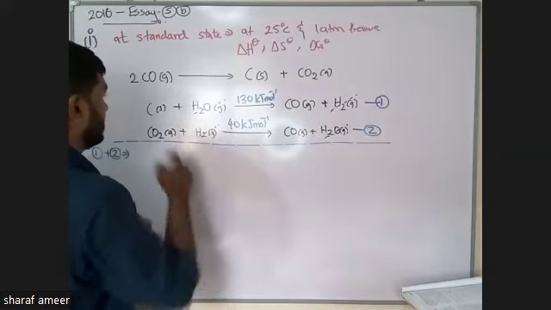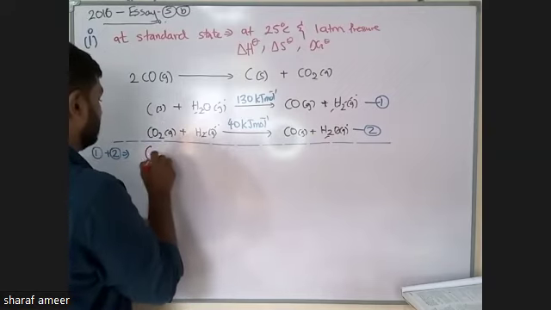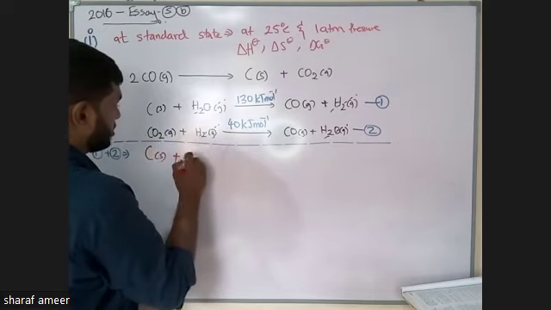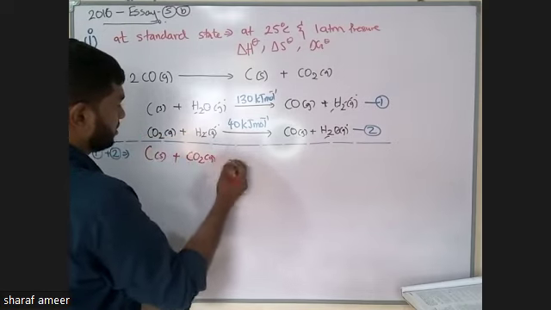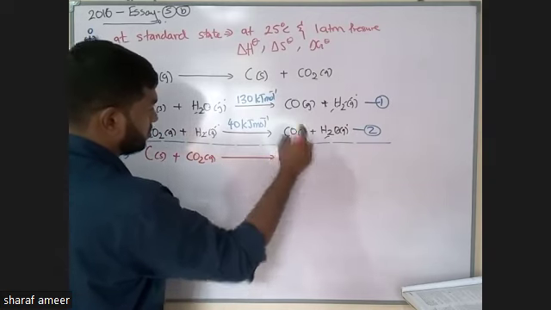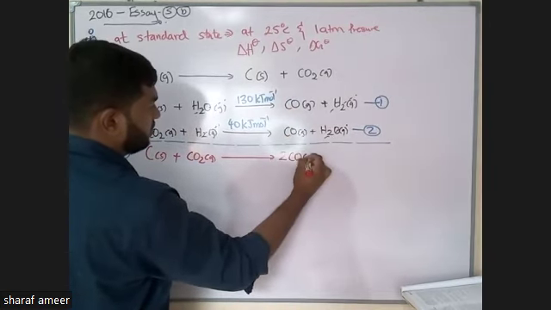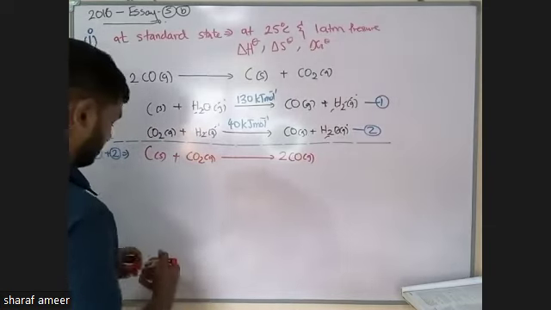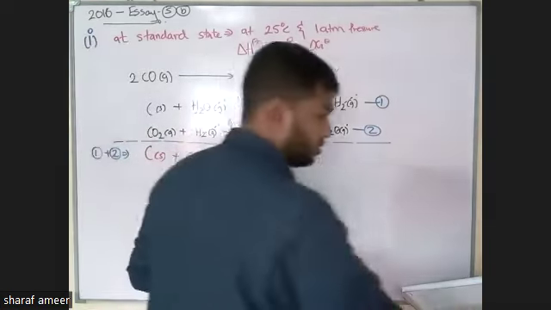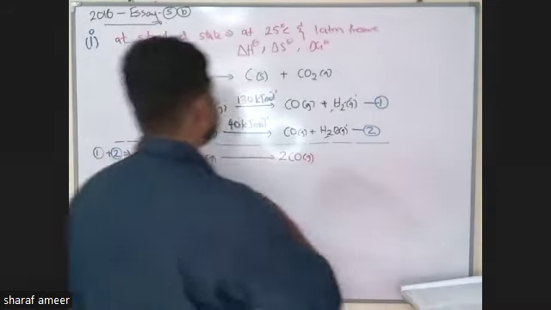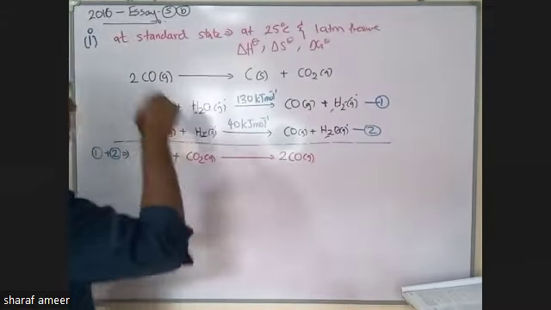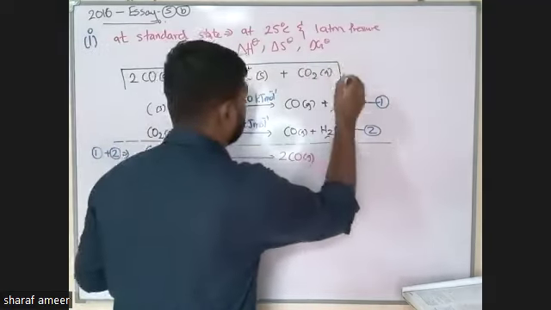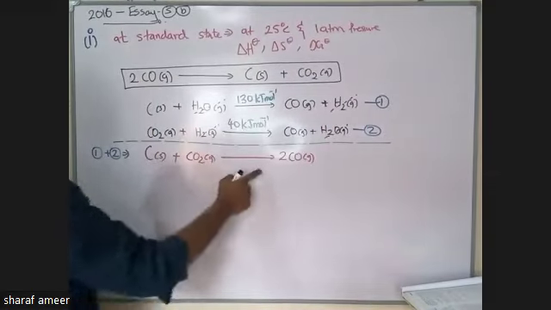So finally, the remaining ones are carbon solid plus CO2 gas gives 2 moles of carbon monoxide gas here. They are asking this reaction here. See here. They are asking this reaction. But we got this reaction.